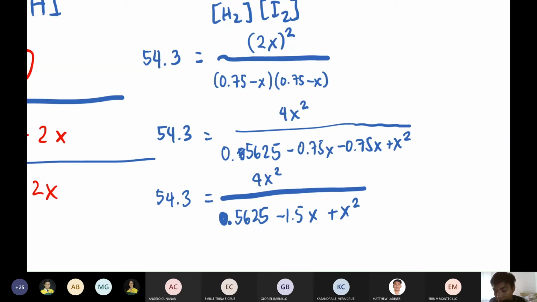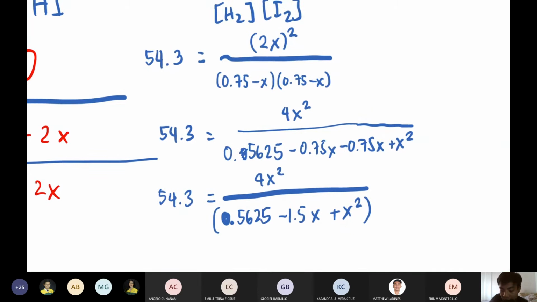Okay. So, yan. Napagsama na natin yung dalawang negative x. Then, ang susunod, cross-multiply. I will cross-multiply this denominator to the other side. So, that will give me 4x squared equals 54.3 times 0.5625 minus 1.5x plus x squared.